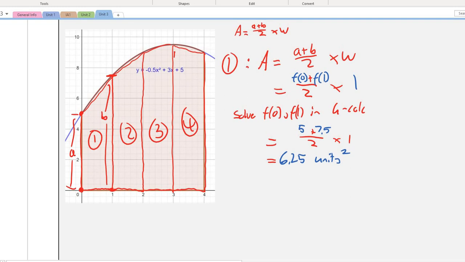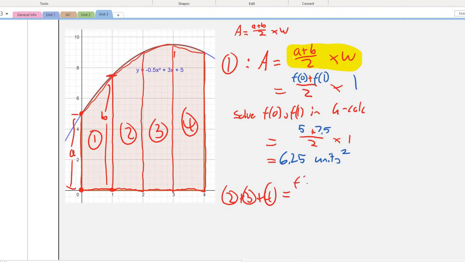So I'm going to do the other ones all together. So I'm going to say 2 plus 3 plus 4. Well, that's just going to be this same rule. A plus b over 2 times w. But instead of a, for trapezium 2, it's the function evaluated at x equals 1.